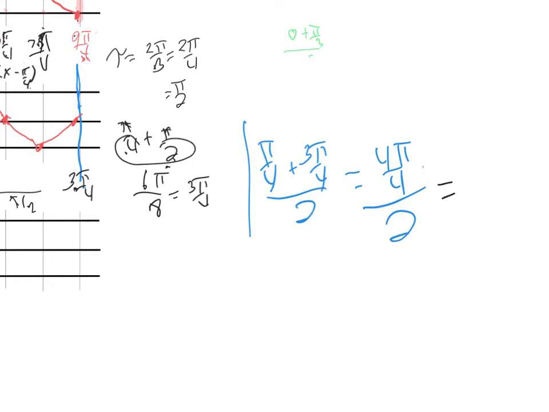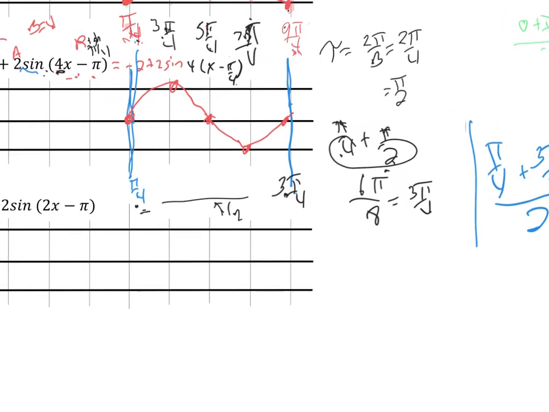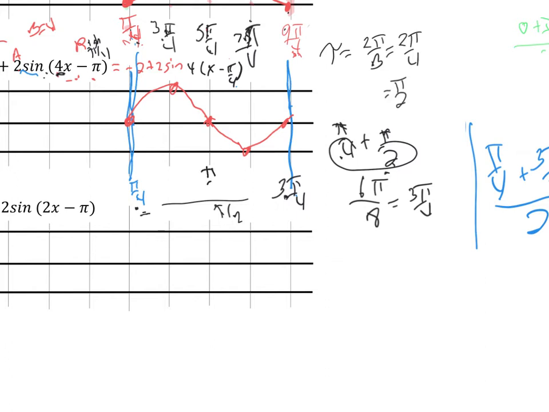Abracadabra, here's the magic math. 4 pi over 8 turns into pi over 2. Can it be that? Guess so. Pi over 2. I mean, it is bigger than pi over 4. Okay.